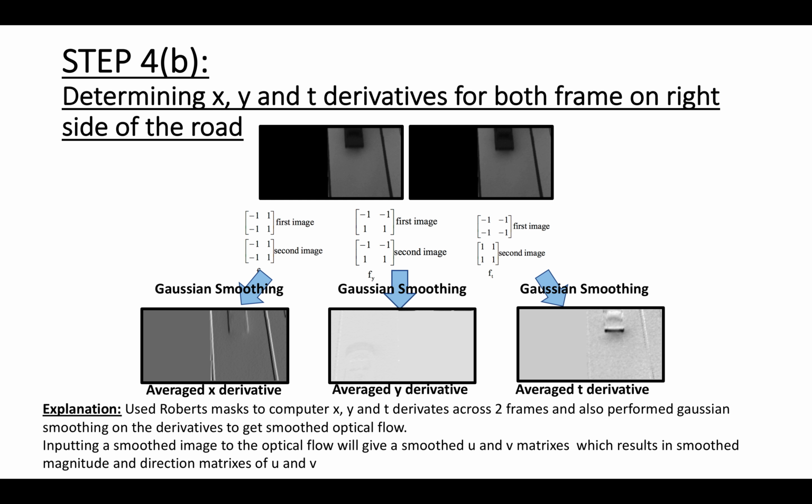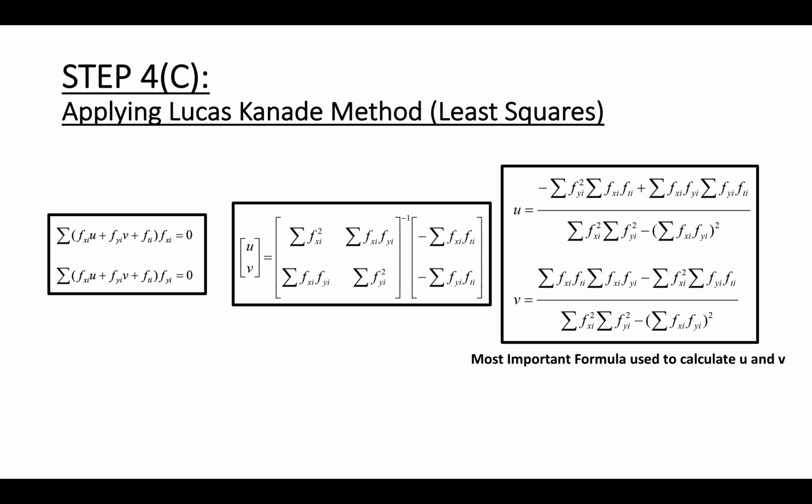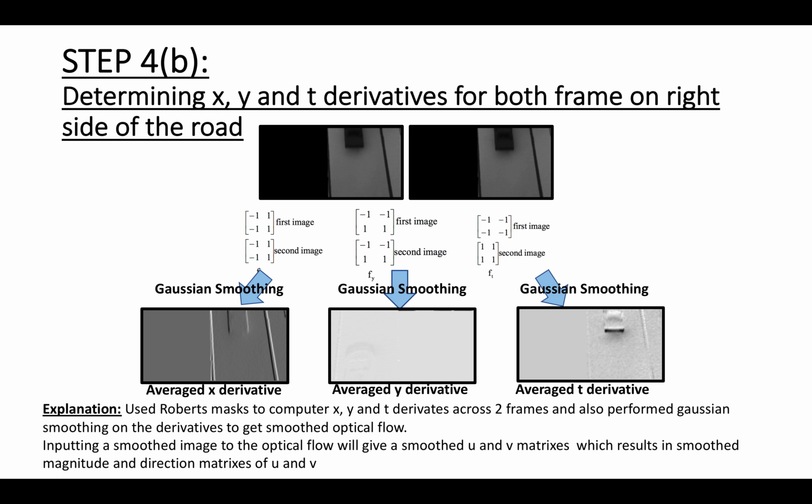The same was performed on the right side of the road. This formula is the most important formula used for U and V values from the obtained Fx, Fy, Ft. And here, when I obtained the X, Y, and T derivatives, I averaged the X derivative and the Y derivative from both the frames.